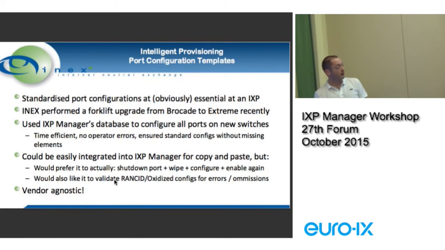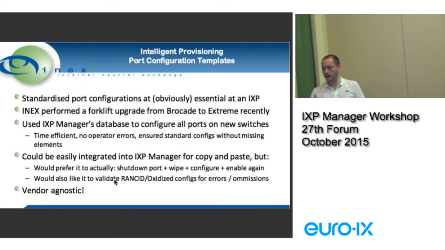It could be easily integrated, even without the provisioning process. You should be able to look at any port in IXP Manager and just say, give me a config for that. And IXP Manager could say, right, this port is live, it's in quarantine, it's on an Extreme box, so here's your config. And that config should really be shut down the port, reset to defaults, stick in the new config, and bring it back up again.